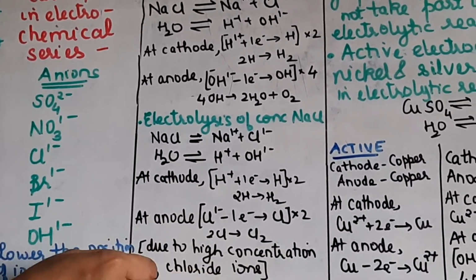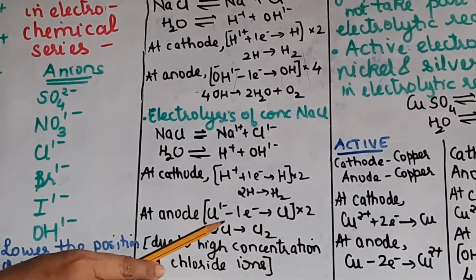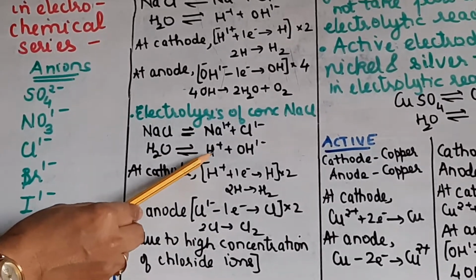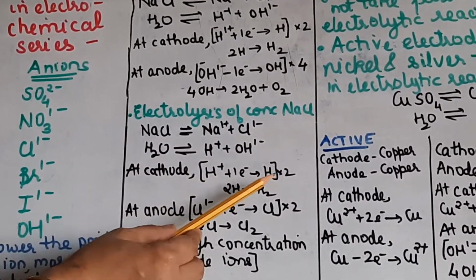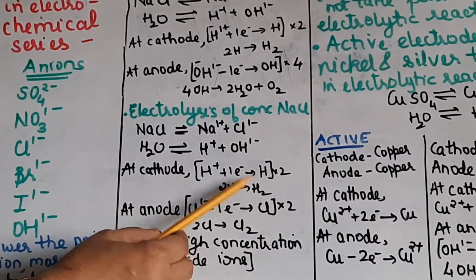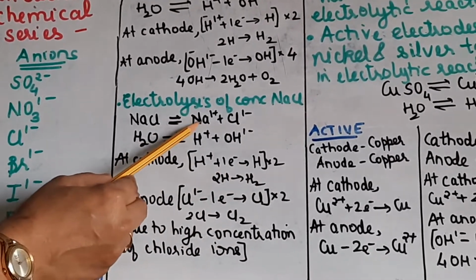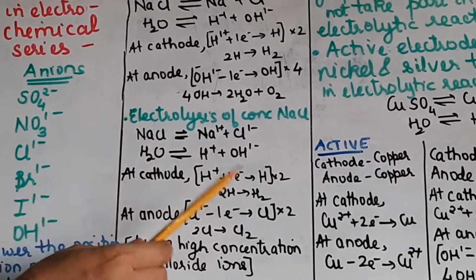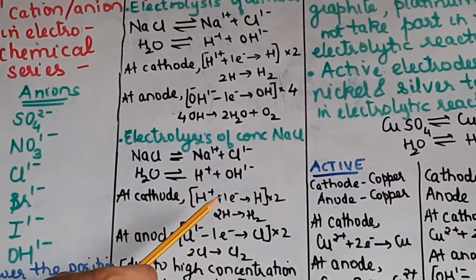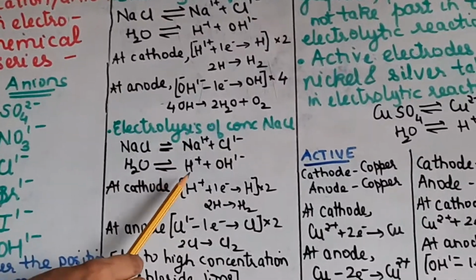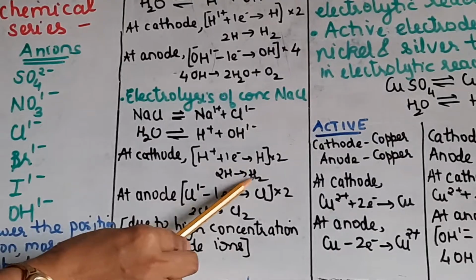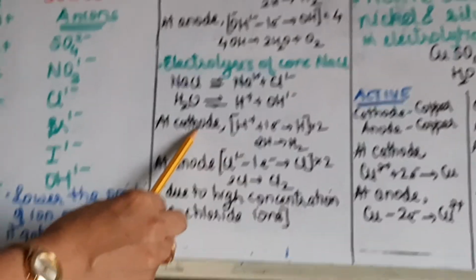So in spite of the fact that the concentration of sodium ions is more, the H plus ions will get preferentially discharged at the cathode. Though the concentration of sodium is higher here, sodium will not readily gain the electrons. So between sodium and H plus, it will be the H plus ions only which will get preferentially discharged as the neutral atom at the cathode.